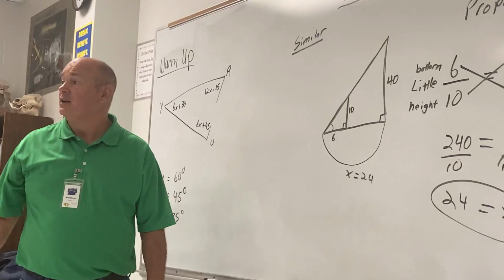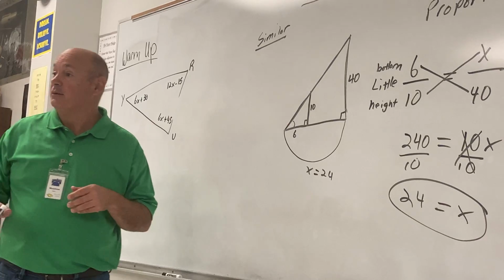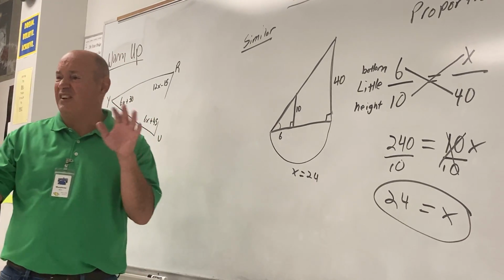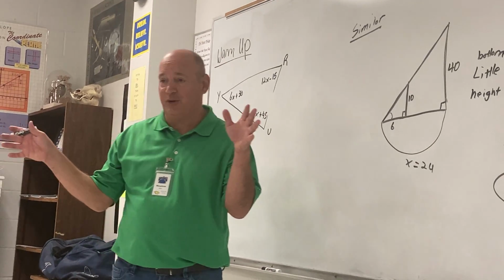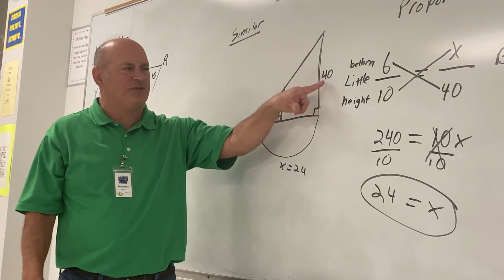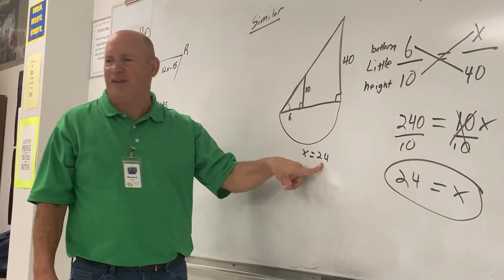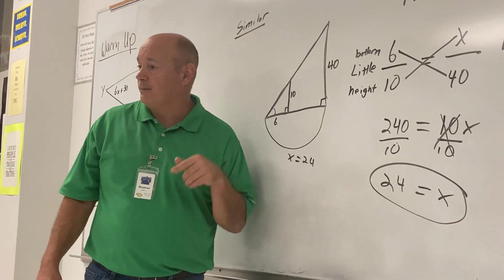So, what Zach's brain did is he found the common ratio. Remember when we did proportions, you had to find K, the common ratio? It's been a few weeks. But that's what Zach's brain did. He's like, 10 times 4 is 40, 6 times 4 gives me that answer. And he is correct. Questions?